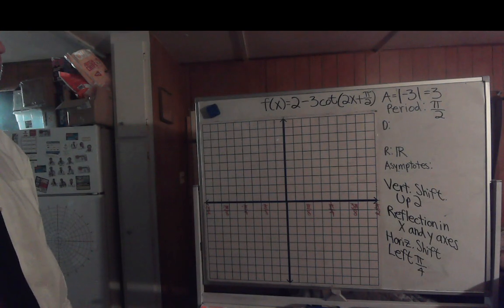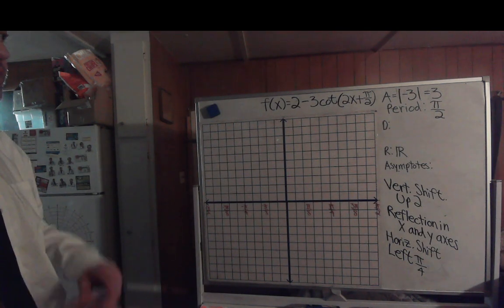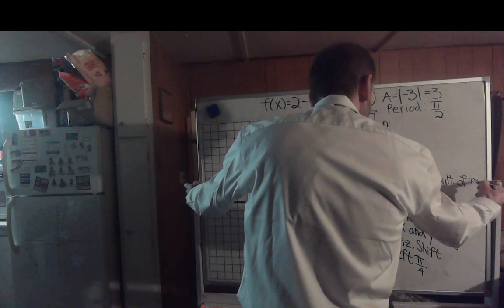So really, that would be integer multiples of pi over 2. So let's start there. X equals integer multiples of pi over 2. Which means for your domain, x cannot equal integer multiples of pi over 2.